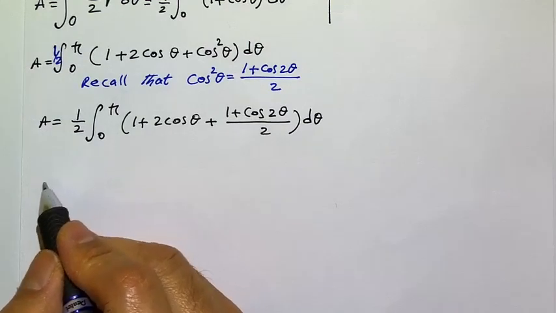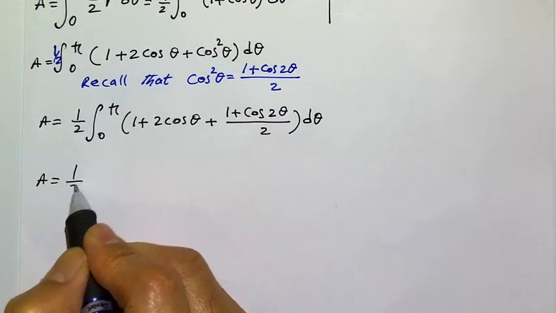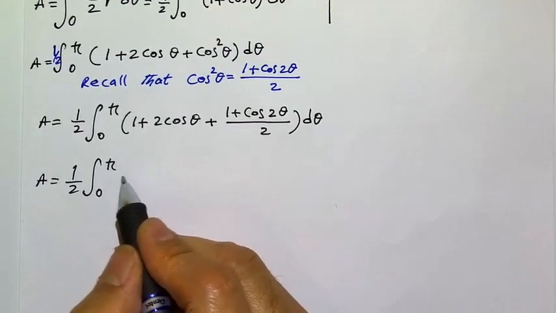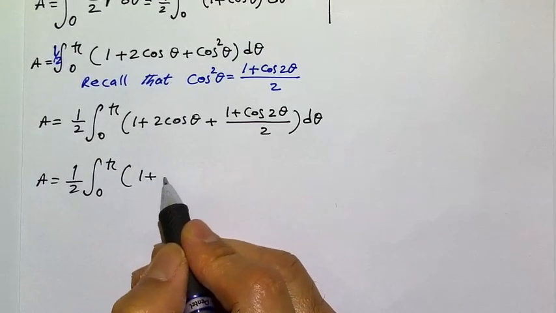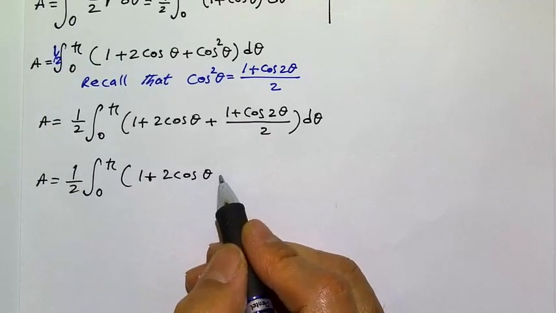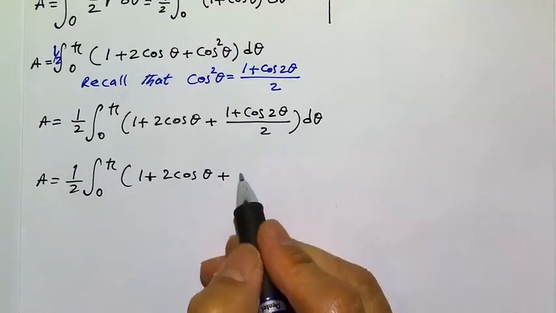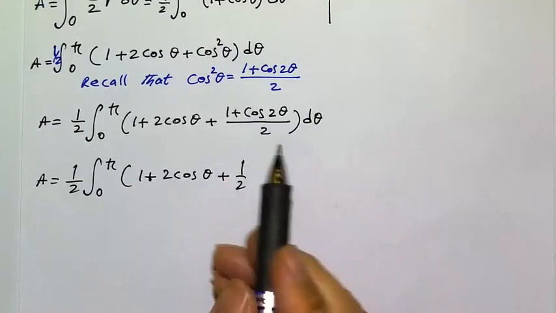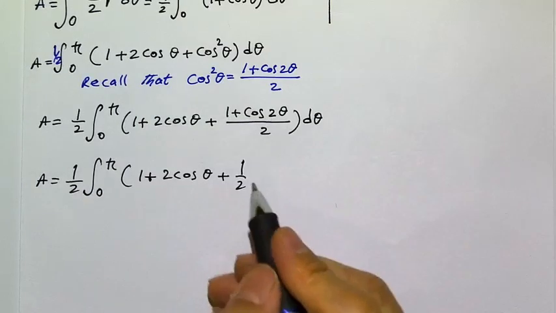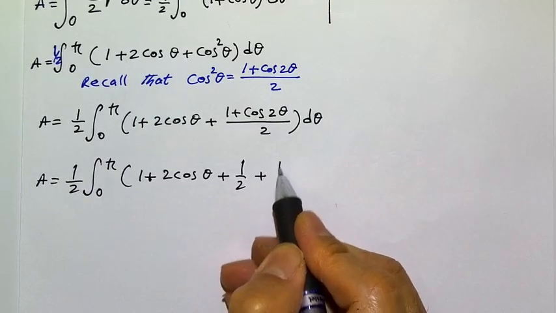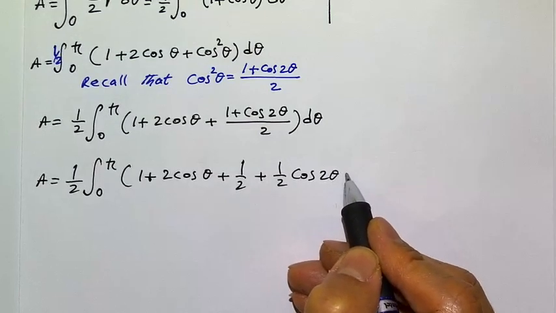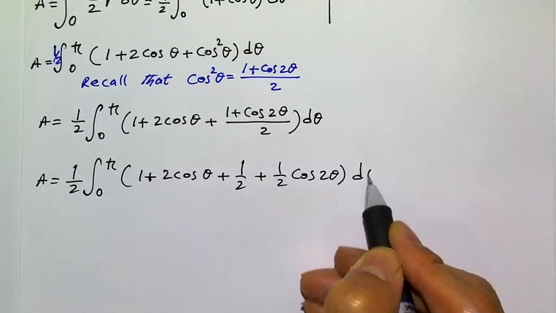So we have area equals 1/2 times the integral from 0 to pi of 1 plus 2 cosine theta, and then plus 1 over 2, right? This is the common denominator to these two terms. So 1 over 2 plus 1/2 times cosine 2 theta d theta.